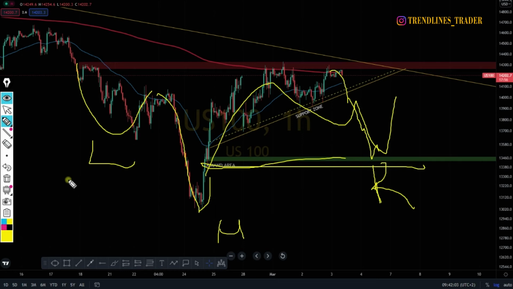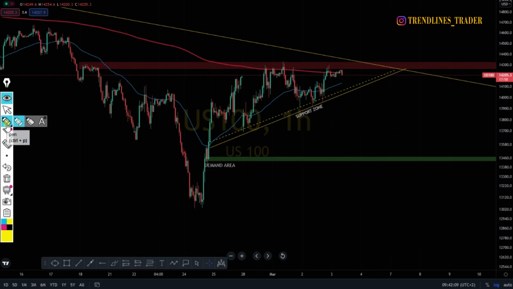So anyway, this is the inverse head and shoulder if it forms. But let's not focus on that for now, and just wait to see if our price respects the horizontal resistance to push towards the downside, or does break out of this area and push towards the upside.